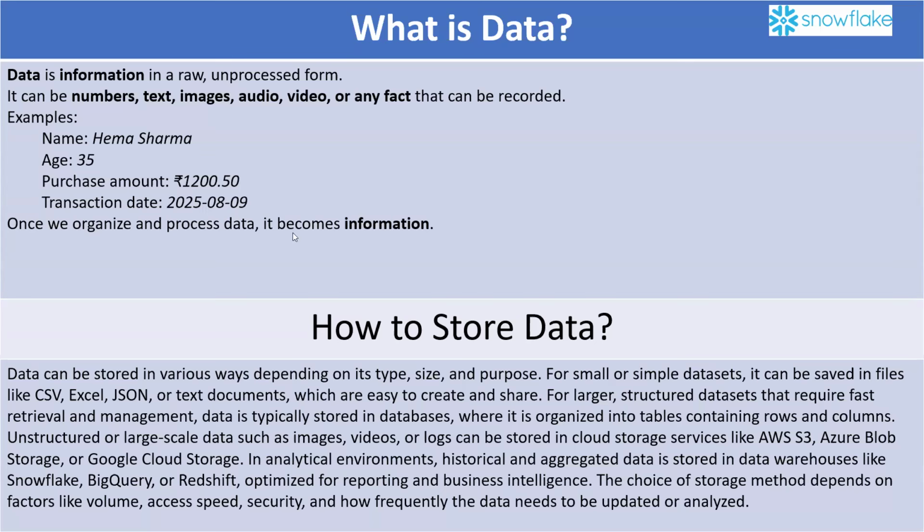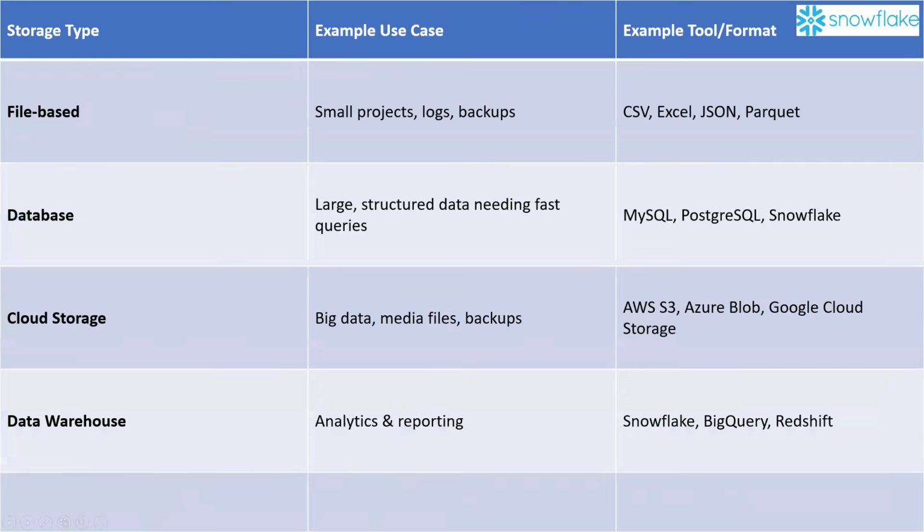So how does this data store work? Storage type is related to file-based, database, cloud storage, and data warehouse, in which file formats they keep their data. An example use case is file-based data. It is for a small project.